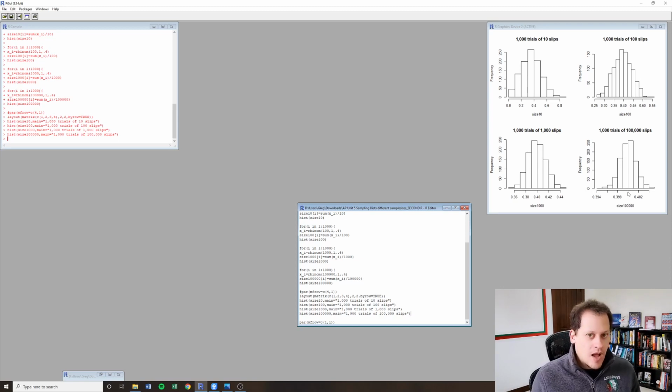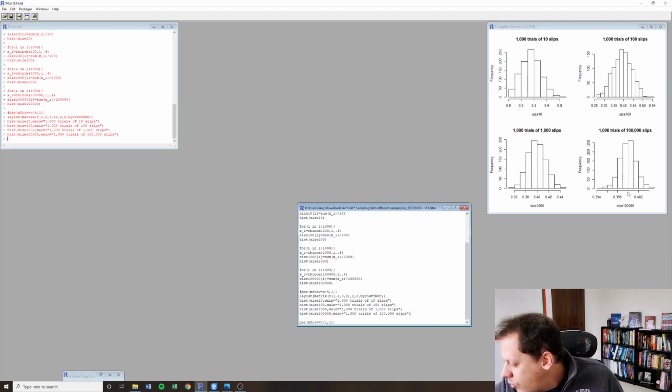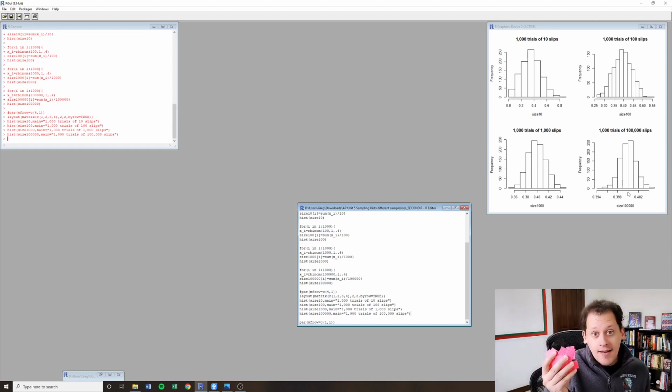So we're going to get into what it means to take all the possible samples of a certain size from a population. So there are 100 slips of paper in that hat. You could theoretically take every possible sample of size 10 from the population of 100 slips. Some of those samples of size 10 have no ones. Some of them have 10 ones.